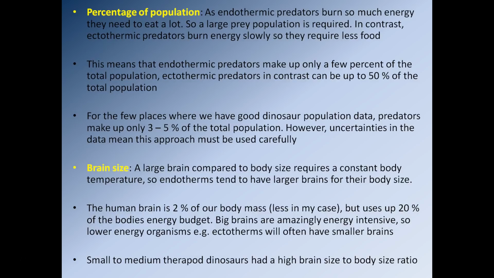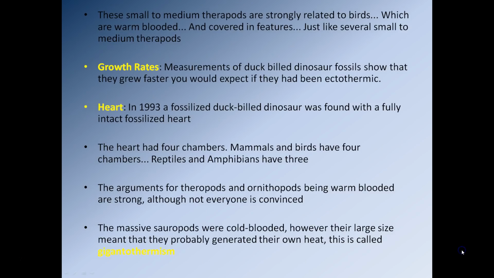So what do we see when we look at dinosaurs? When we look at the dinosaurs, we notice that these small to medium theropod dinosaurs, those are the meat-eating dinosaurs, had a very high brain to body size ratio. They had really big brains. So that's another piece of evidence that suggests that maybe they were warm-blooded.